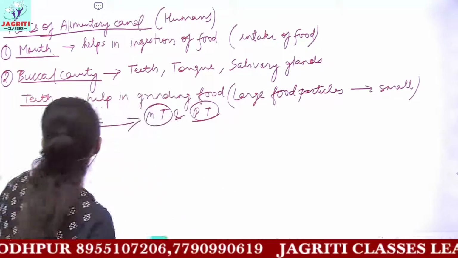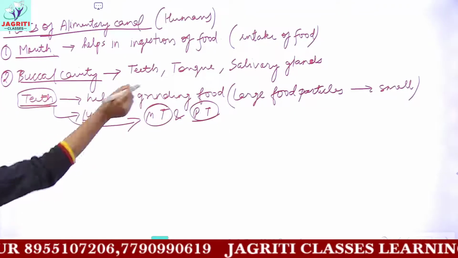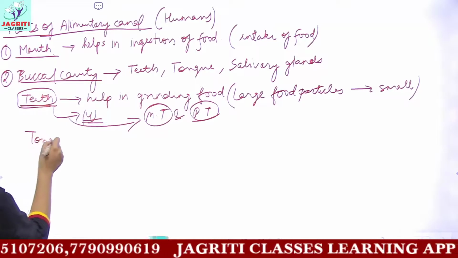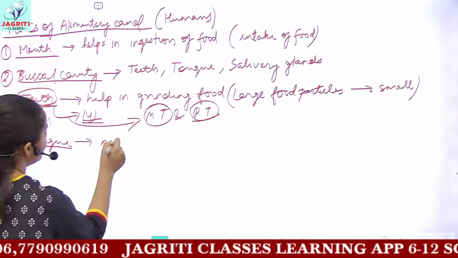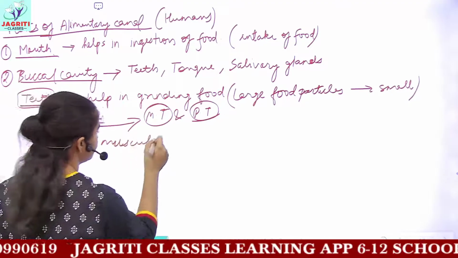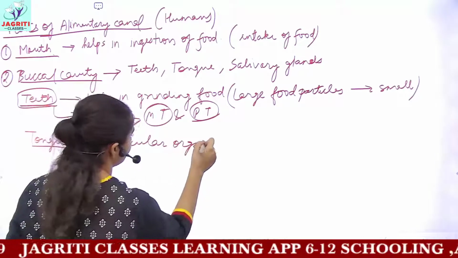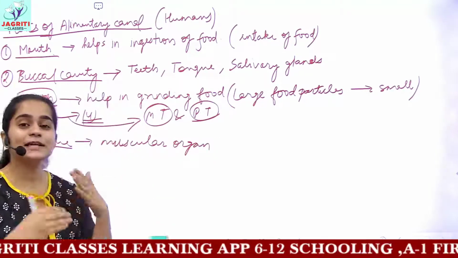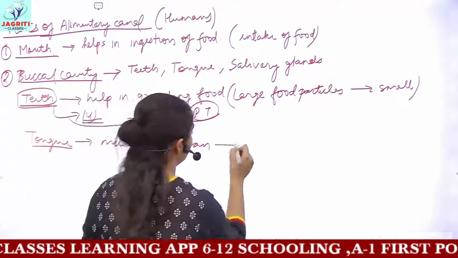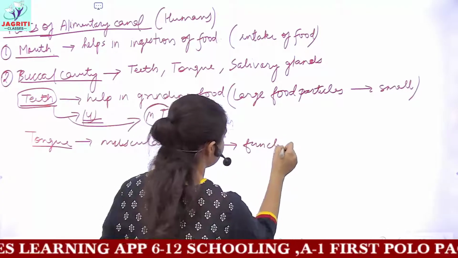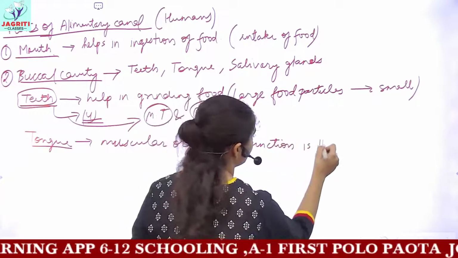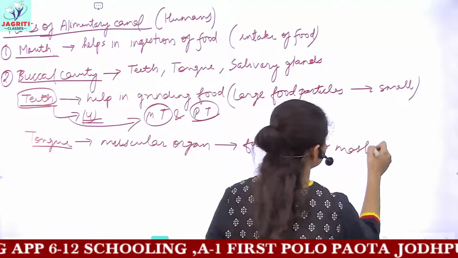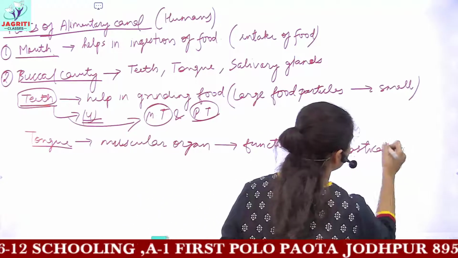So after the teeth, the next is your tongue. Tongue is a muscular organ, and this tongue helps in mastication of food. Function of the tongue: mastication of food.